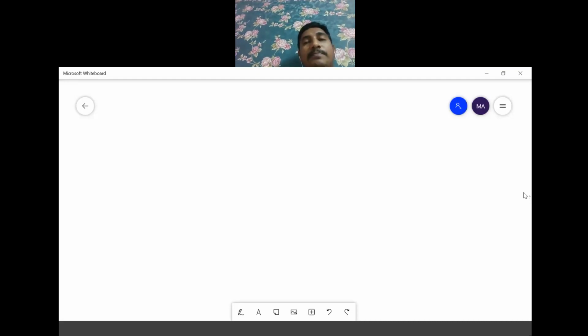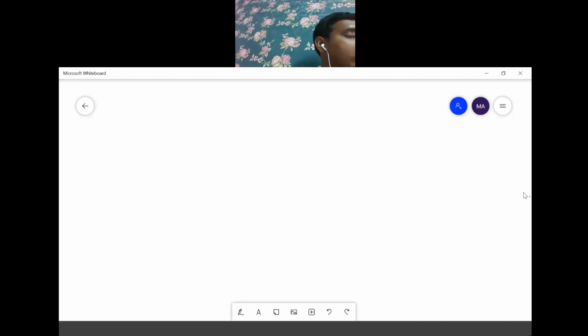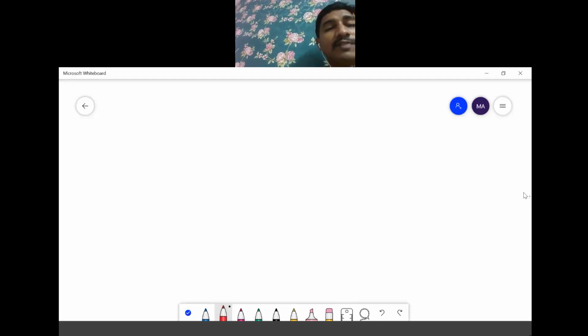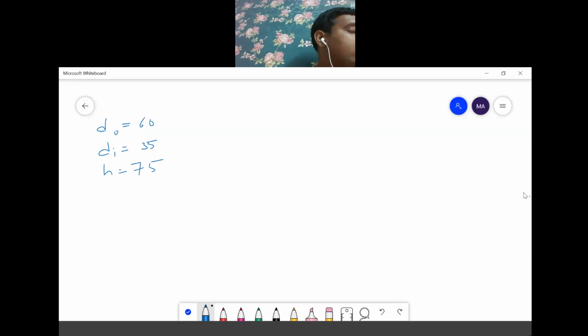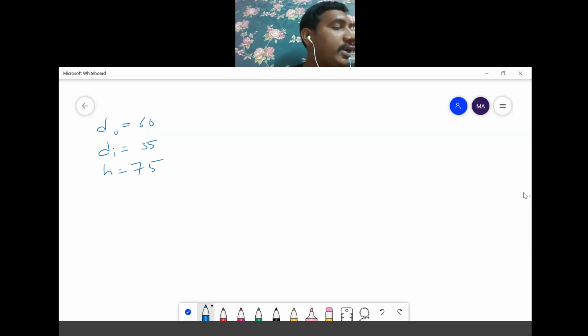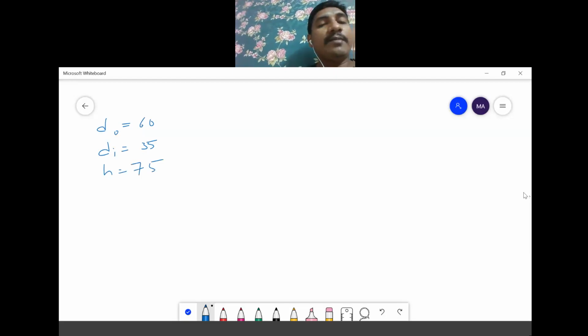Here you have to draw a hollow cylinder. He has given a hollow cylinder of 60 mm outside diameter, 35 mm inside diameter and height as 75 mm, standing vertically on a square prism of 100 mm side.